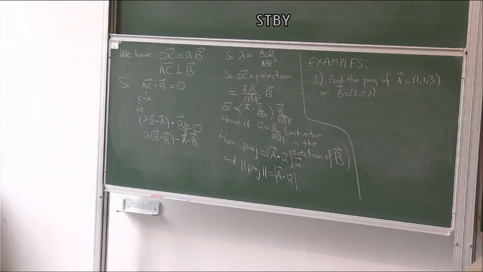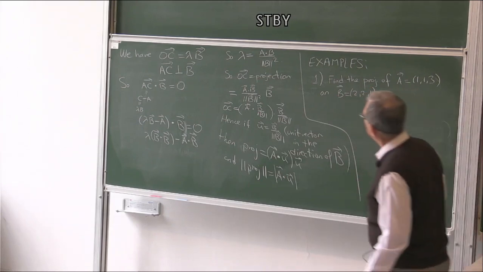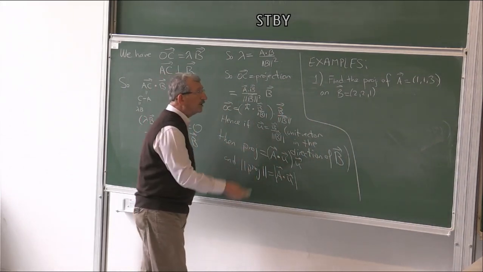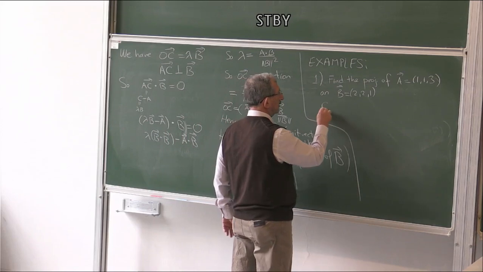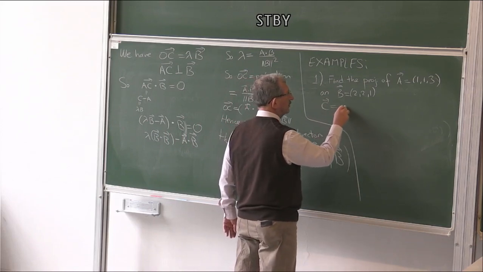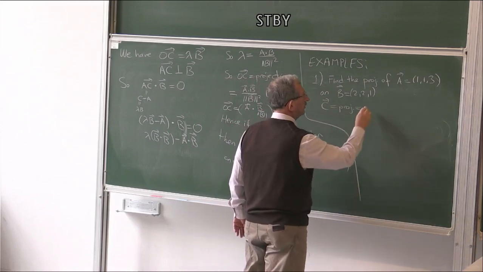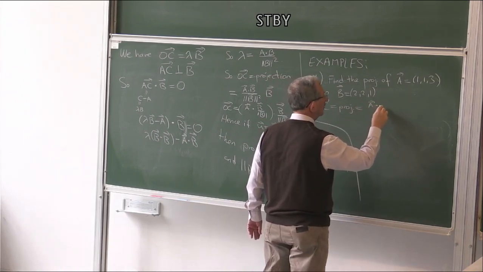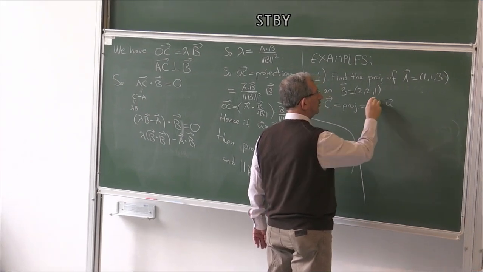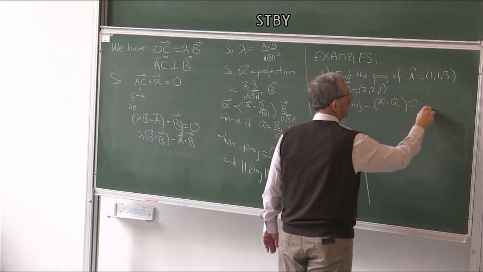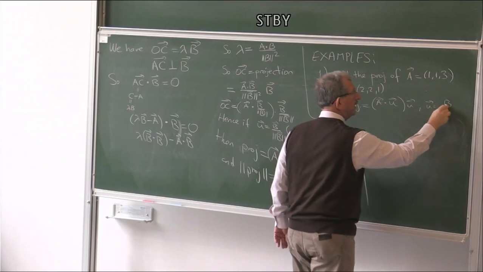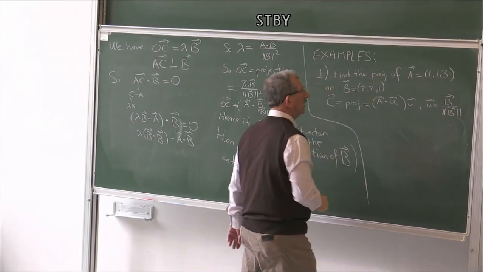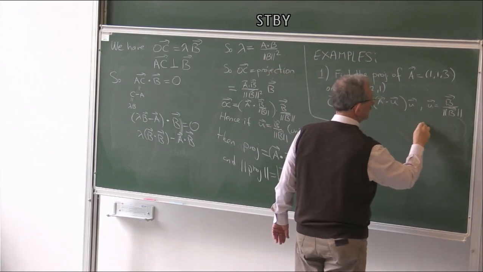Now here, we are just supposed to apply the formula. Okay. Now, C, the projection, is then (A dot U) U, where U is B divided by length of B. Okay, we can calculate this directly.